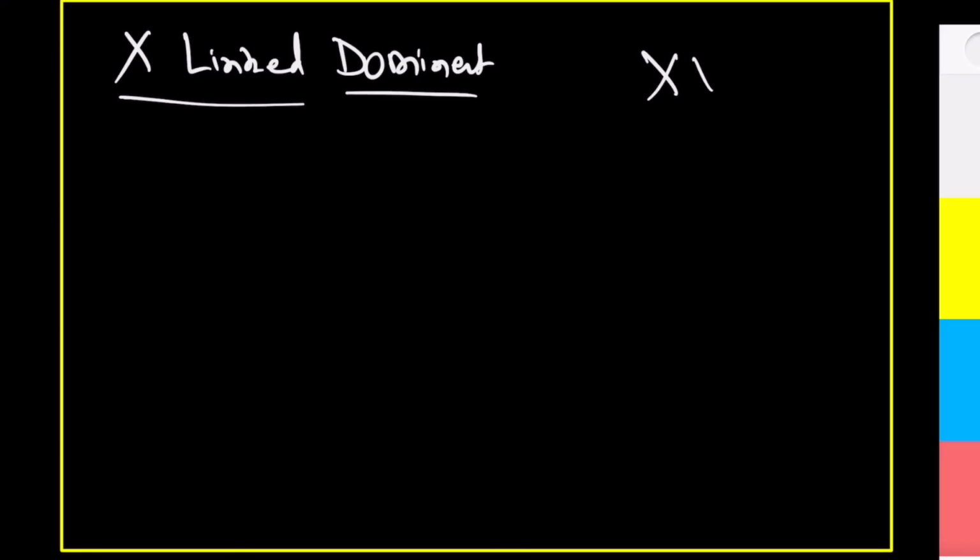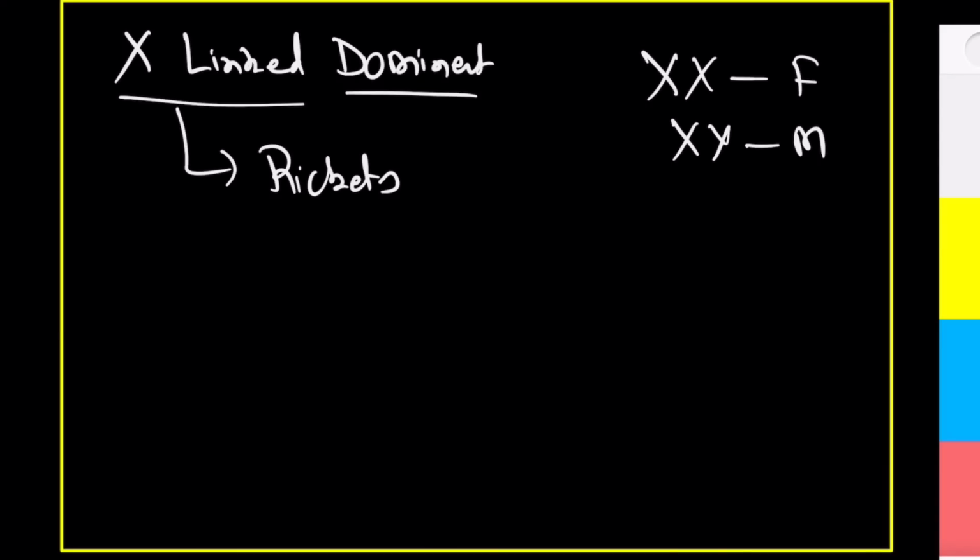Now you know that in human beings, if you have two X chromosomes, the individual will be female, and with X and Y you have a male. Here I just want to give you one best example of X-linked dominant inheritance, which is rickets.